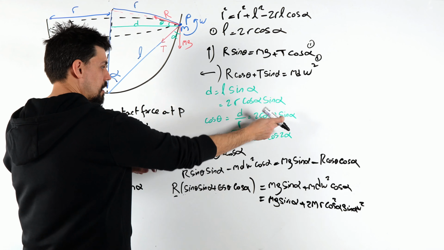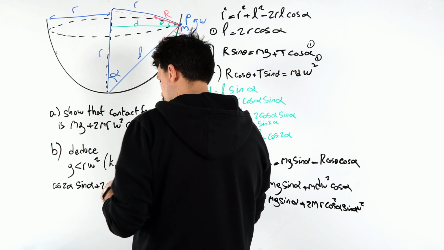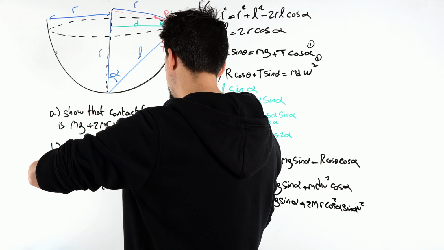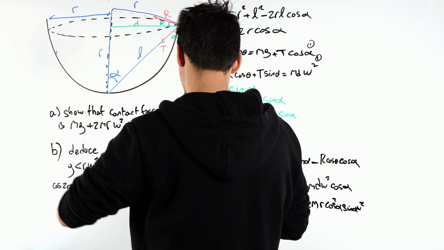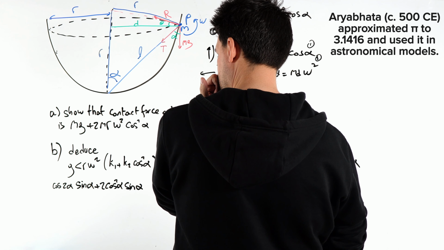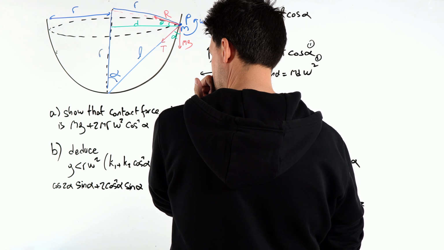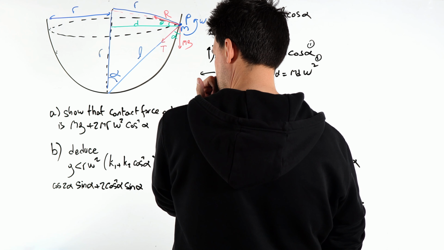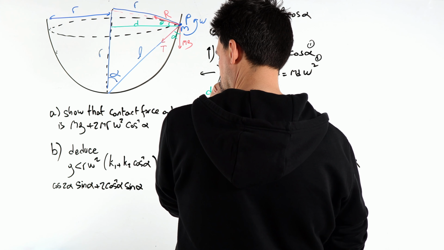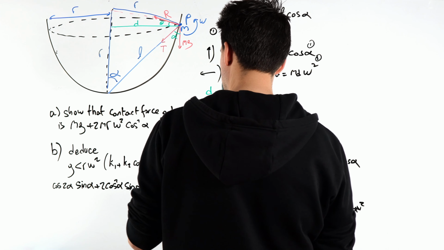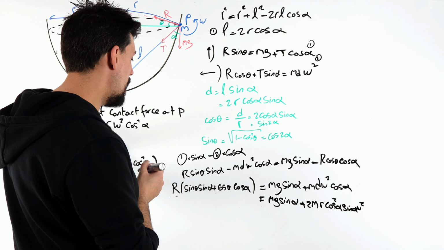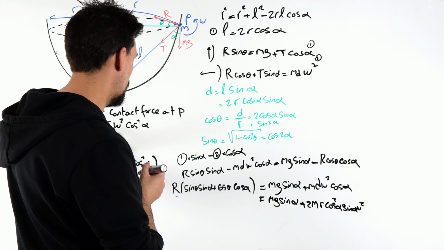Right? Cos theta cos alpha, 2 cos squared sine alpha. All right. I think something's gone a bit wonky here, which we're going to try and fix, because otherwise I think we have everything we want here.